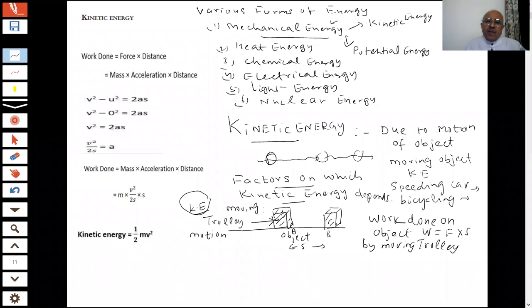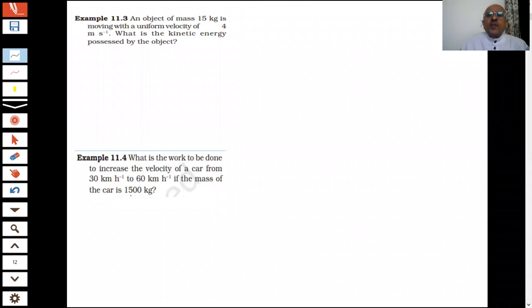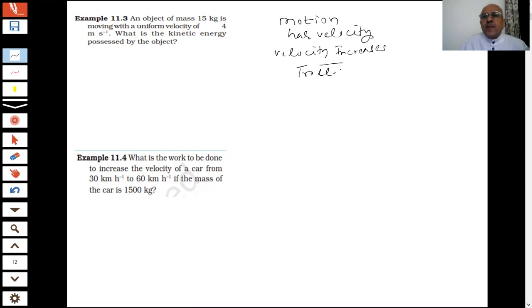What does a moving object have, which you learned in the motion chapter? In motion, you learned, students, a moving object has velocity. If the velocity of the trolley increases, what will happen?